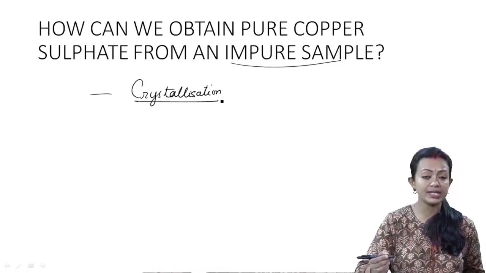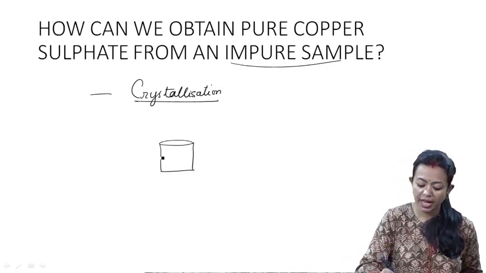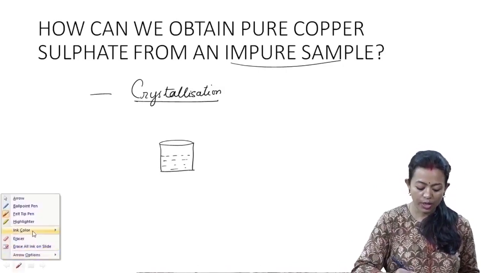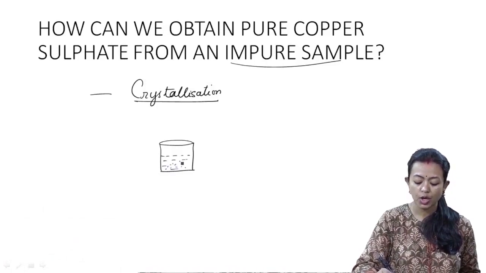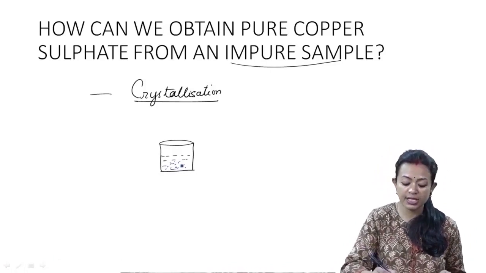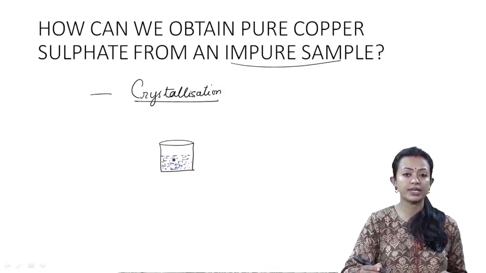Now what is the process of crystallization? For this, we take a beaker of water. We fill half of it with water, and then we keep on adding copper sulfate to it. What we had already learned when we were doing solutions is that first it forms an unsaturated solution, then it forms a saturated solution, and after we heat it and cool it, it becomes a supersaturated solution.